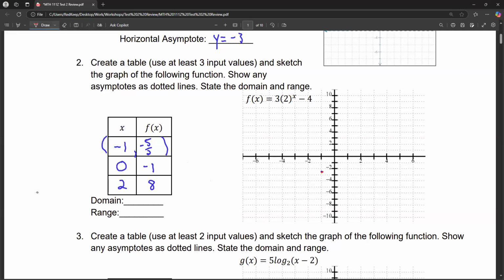Okay, so that's our first point. Okay, our next point starts at the origin at 0, and then we move down in the y-axis to negative 1. We're living right there. Okay, and the final point that I have in my table is 2 on the x-axis, and then all the way up to 8 on the y value, just like that. So we really see the exponential growth of this.